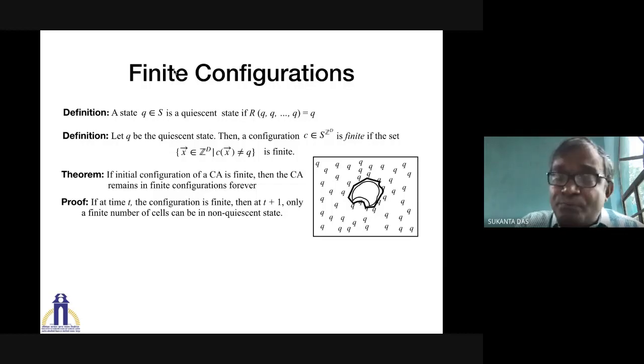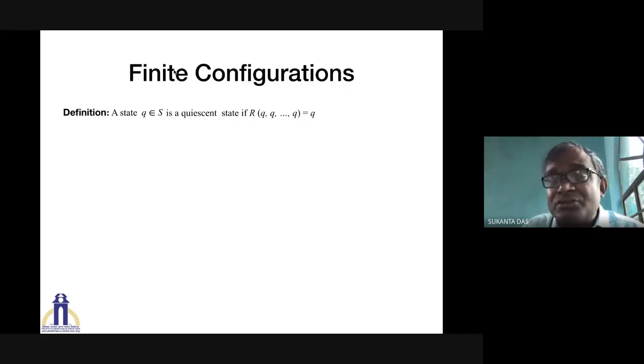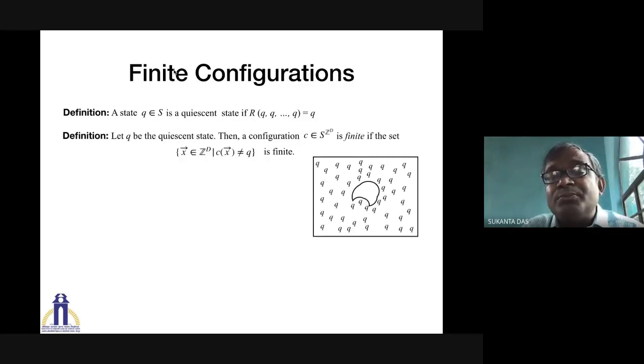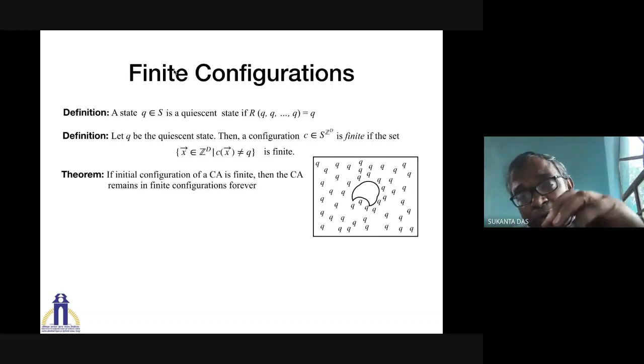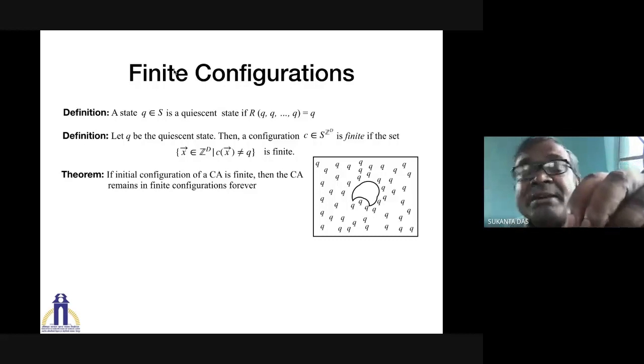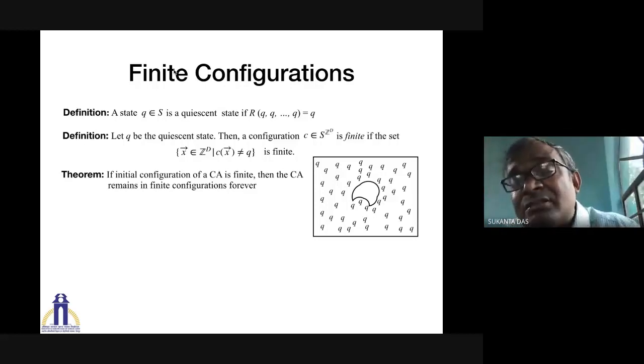See here, outside of the boundary of that configuration, the cells are all in quiescent state, but the boundary cells will feel that some of the neighbors are in non-quiescent state.